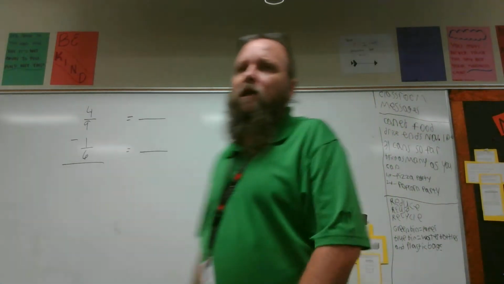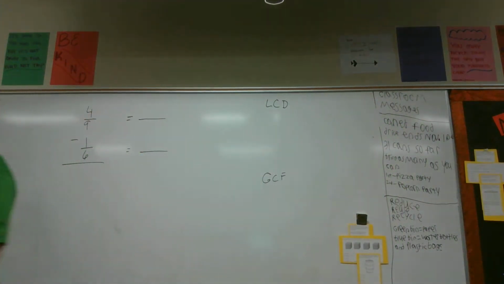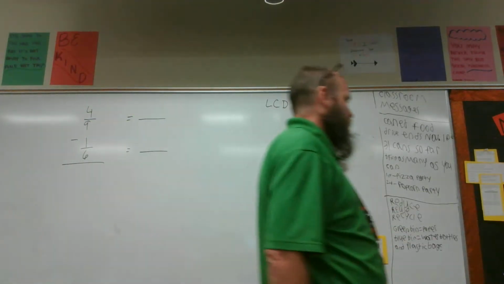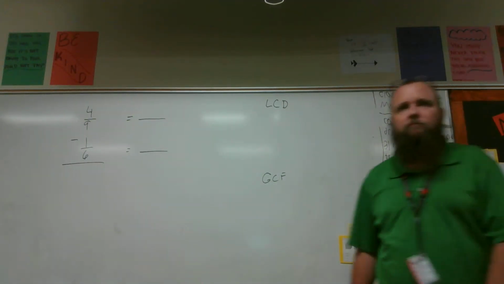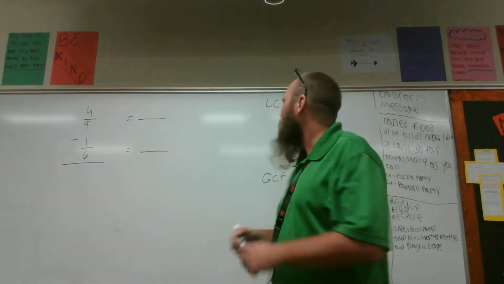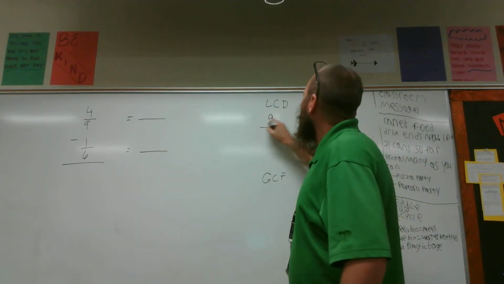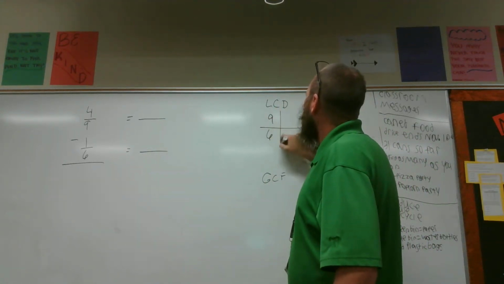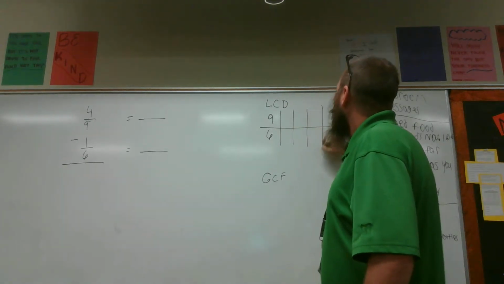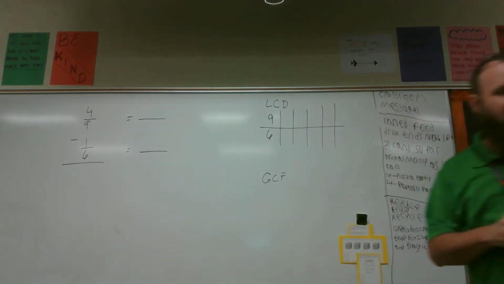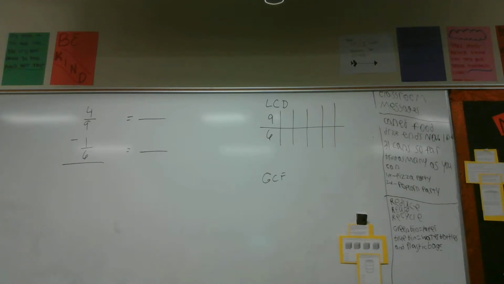All right, so we have a volunteer to do this. Let's see, Maddie. What are my denominators for this problem? 9 and 6. I need to find the least common denominator, or the least common multiple for 9 and 6.